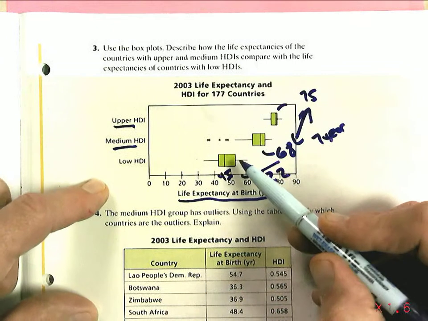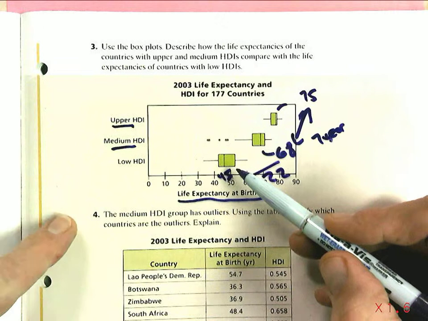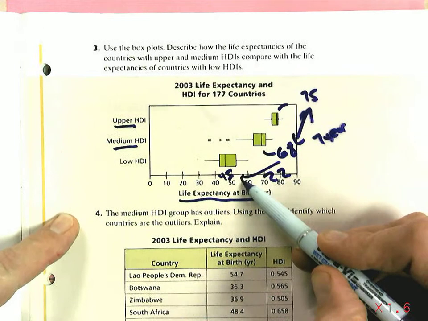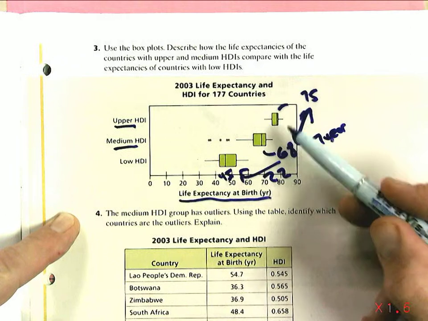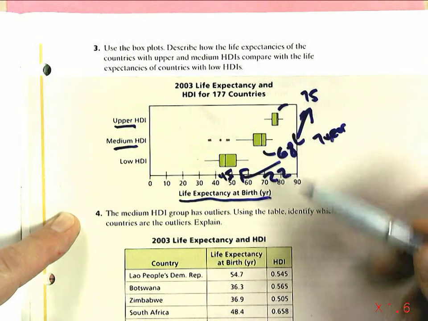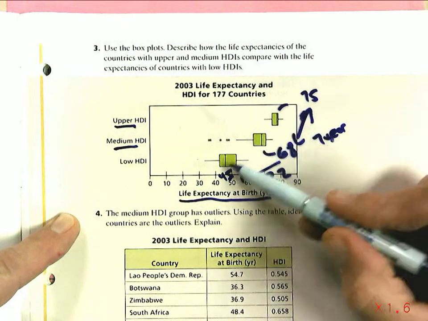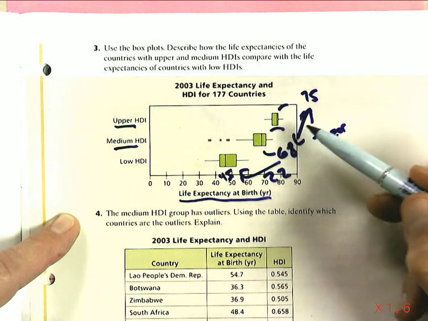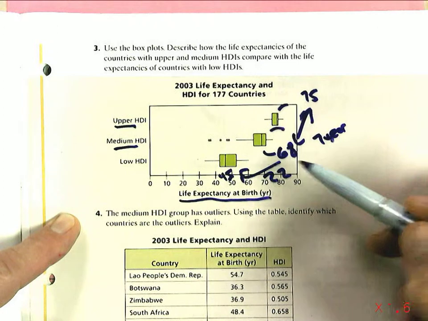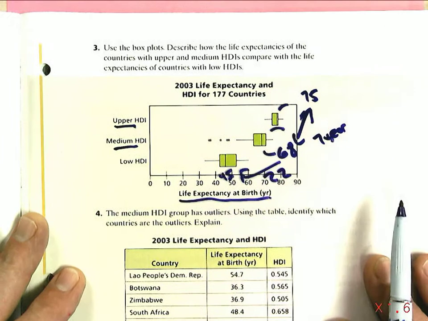So these people in the low HDI, the low human development index range, have a much lower life expectancy than people in the medium or high development index range. So again, we're just able to look at the 3 box and whisker plots and compare them to each other, and they're easy to compare in this form.